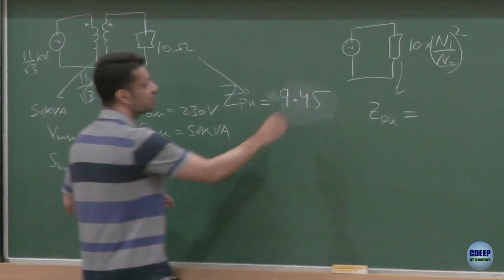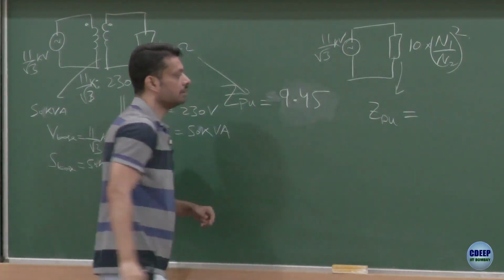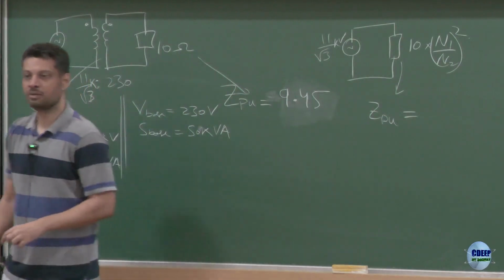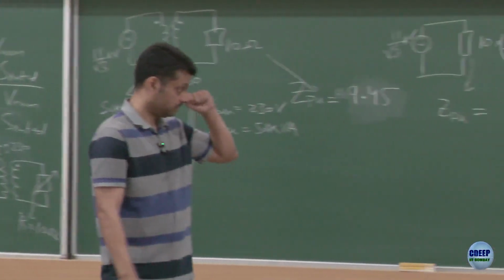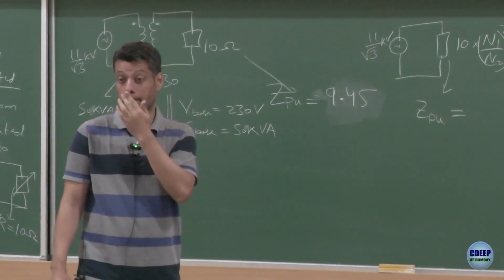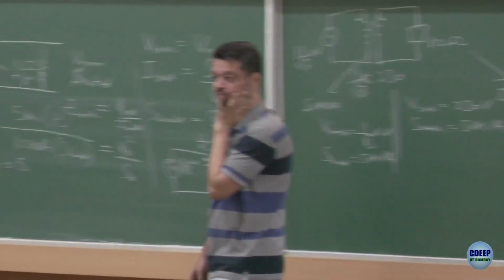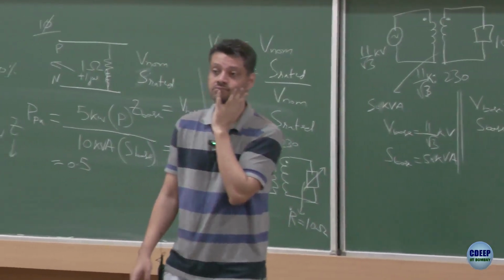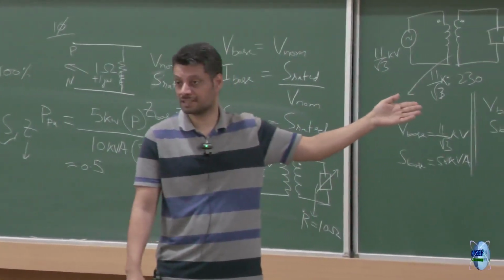Same source, calculate the base, calculate the per unit value. Anyone got the value? What is the value? First find out what the Z base is.